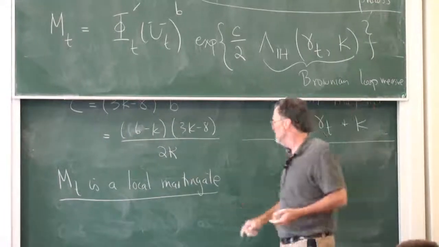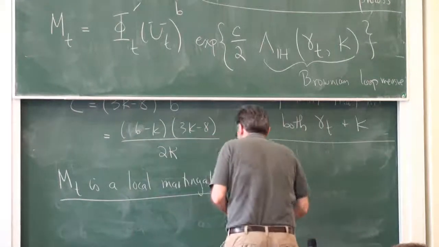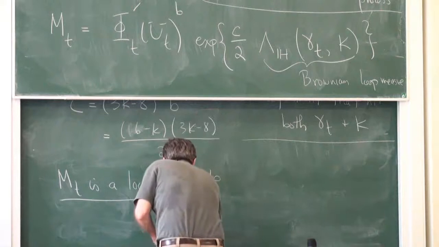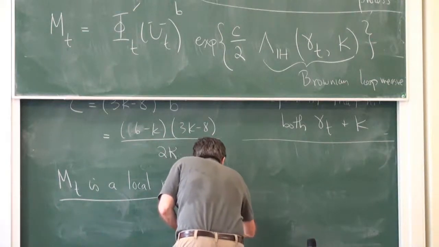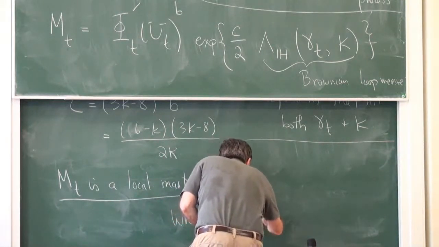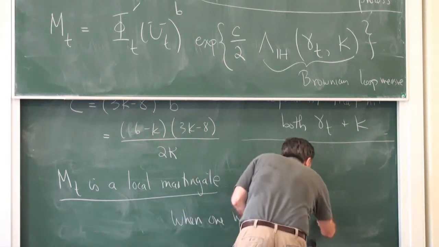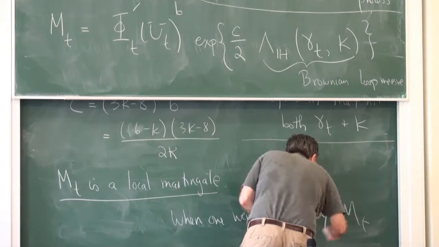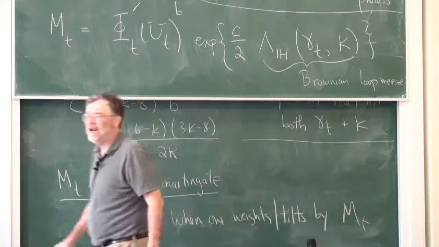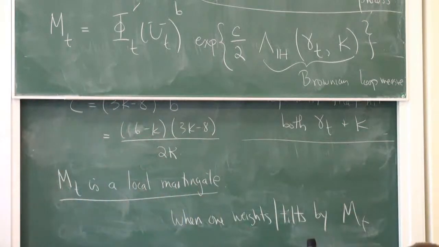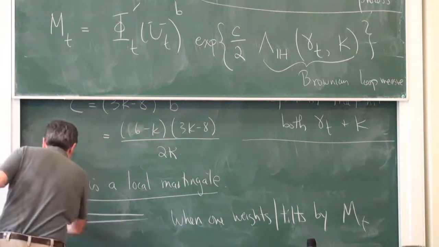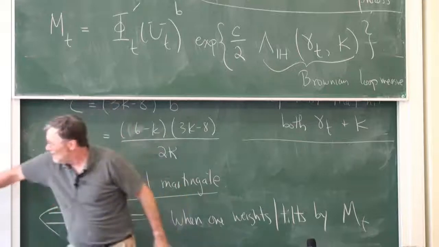And the theorem is that when one weights, or in other words, tilts by the local martingale, then one gets a new thing. The calculation one gets is exactly this equation.